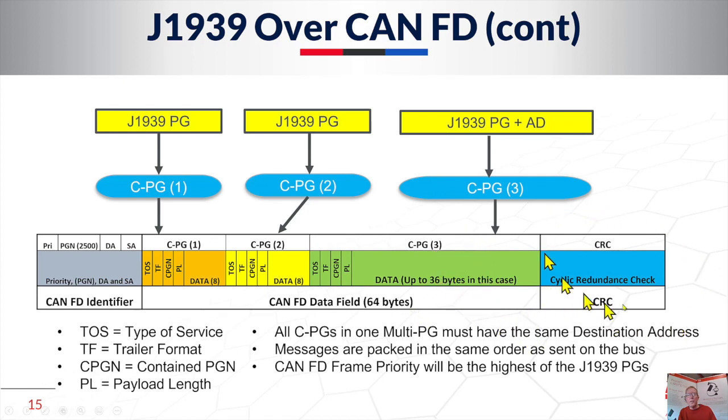And there's a CRC on the end of the actual CAN FD frame. Here are some definitions of these fields: type of service, trailer format, the payload, contained PG, and some facts about it. It's basically, again, using J1939 FD, the capabilities of a CAN FD frame, as a transport protocol for classic CAN frames for this definition.